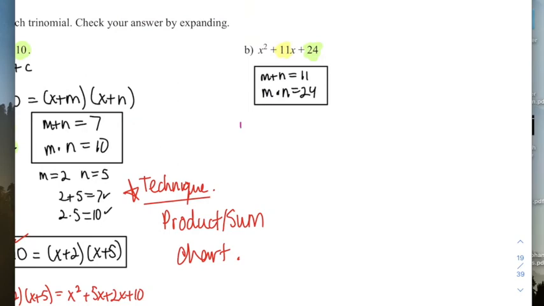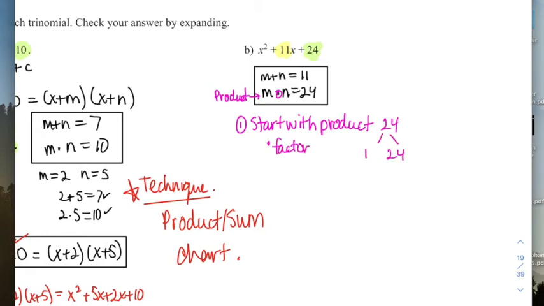The first step is we start with the product, because it's the multiplication of m times n. We start with the product of 24 and then we write out a factor tree. What are all the things that multiply to 24? Well, quite a lot of them actually.